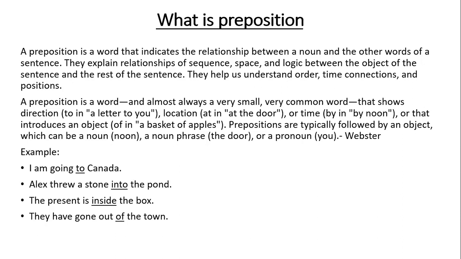How is Canada related with your going? That's why we use this preposition. Now we have a proper meaning, right? I am going to Canada. That means I'm moving towards it, indicating a direction or a specific place.